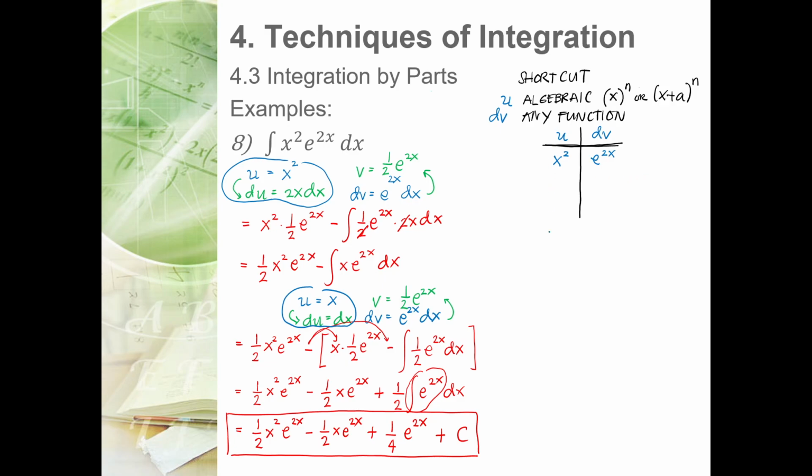So what you need to do is derive the left side. So this becomes 2x. Then derive again, you have 2. Then derive again, you have 0. So you stop here because the derivative of 0 is still 0. So on the right side, you have to integrate. So let me write it here. So derive on the left and integrate on the right side.